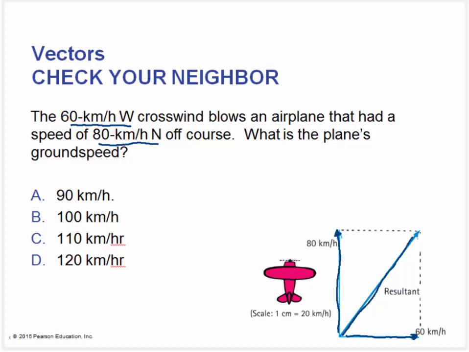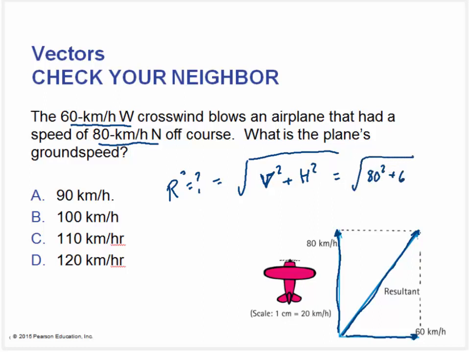And what we're looking for is the length of that resultant. It's going to be the square root of the vertical side squared plus the horizontal side squared, which equals the square root of 80 squared plus 60 squared. So you go ahead and type that into your calculator, and what you're left with is 100 km/h.